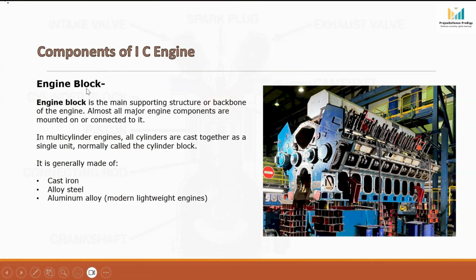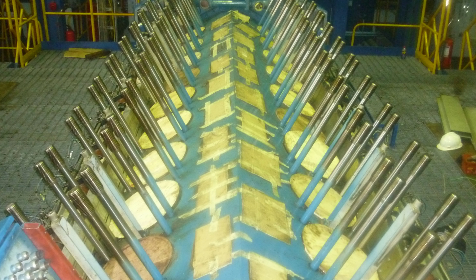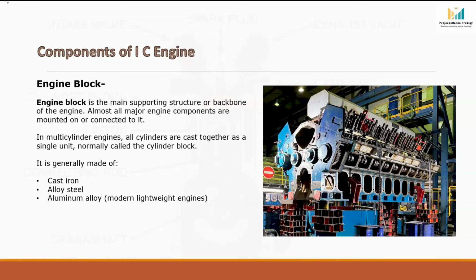Engine block. Engine block is called the backbone or the main supporting structure of the internal combustion engine because almost all major engine components are either mounted on it or connected to it. In multi-cylinder engines, all the cylinders are usually cast together as one single unit, which is called the cylinder block.